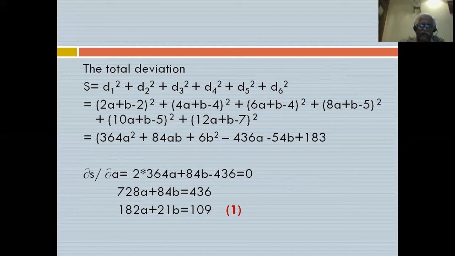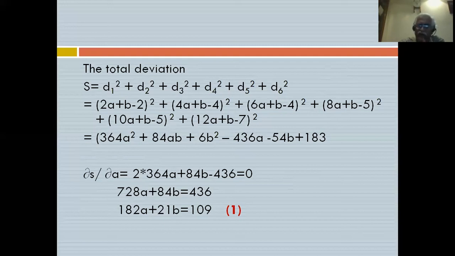Now, if you differentiate the whole thing, it is a simple thing. I am explaining how differentiation comes. In this equation above, 364a square, when you differentiate the sum of squares with respect to a, it is 2 into 364a.